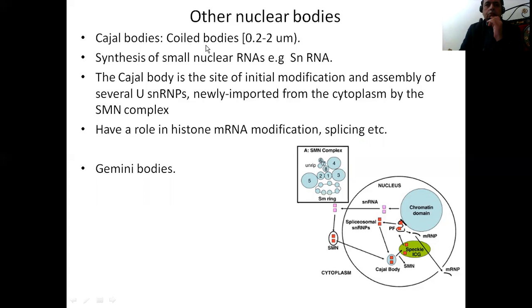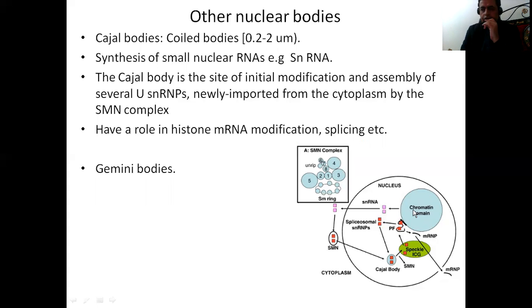We call them coiled bodies because there is a protein known as coilin, and this coilin joins with the SMN complex, and then this complex joins with these ribonucleoproteins to make the spliceosome.